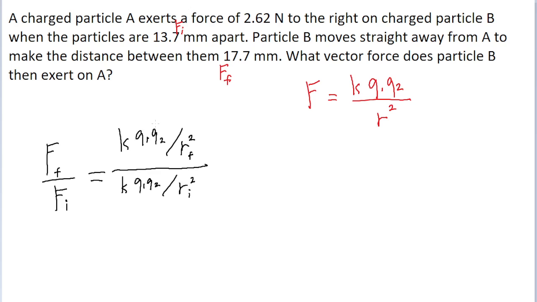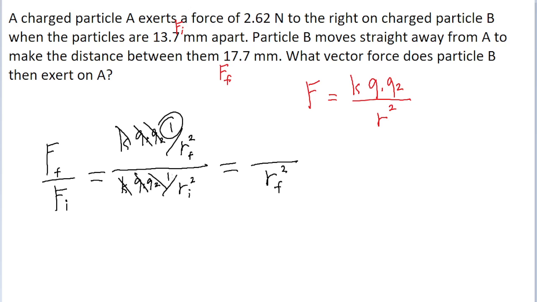Now right off the bat, we can see that several of these variables will cancel out because they're the same. The K's will cancel out, the Q's will cancel out, and all we're left with is 1 over R sub f squared divided by 1 over R sub I squared. So the R sub f goes into the denominator because we have a 1 over it even in the numerator.